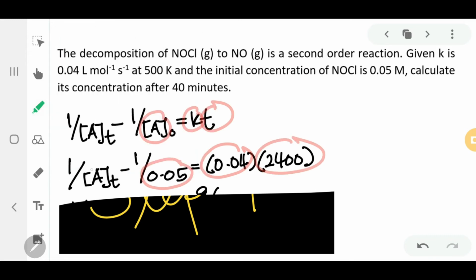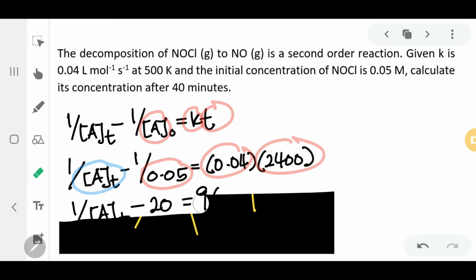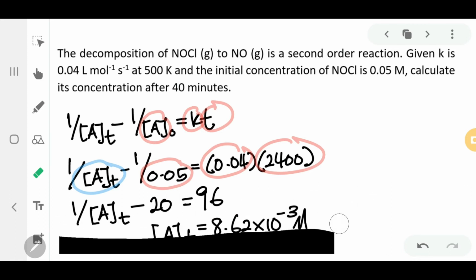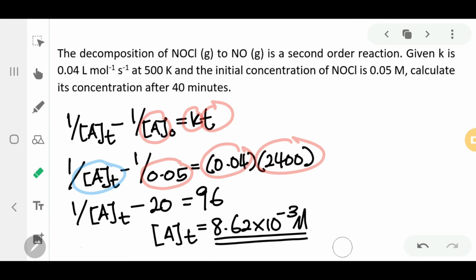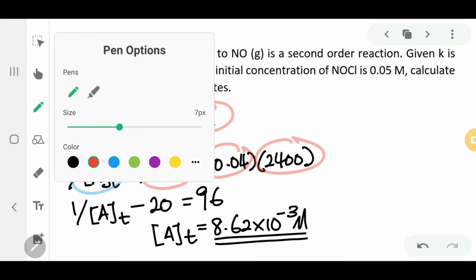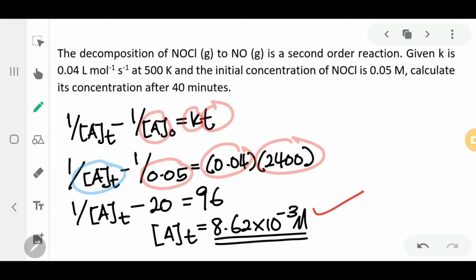And we want to find out the concentration at a given time. You solve the problem, and you get the concentration at the given time, 8.62 times 10 to the power of -3 molar. By doing this, you will get another 1 mark for your final answer.